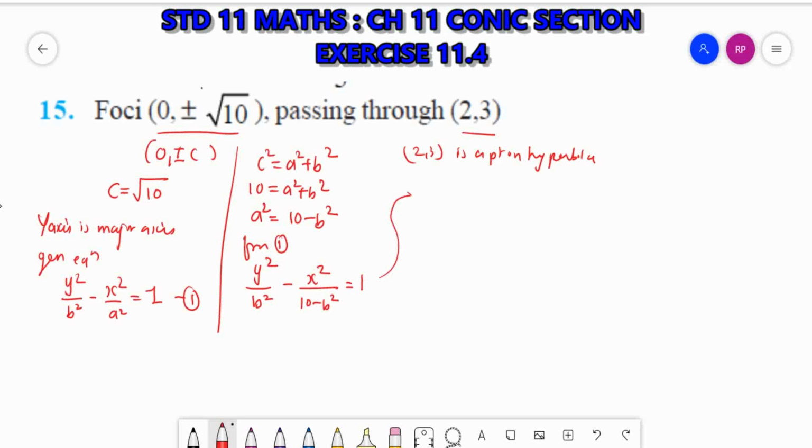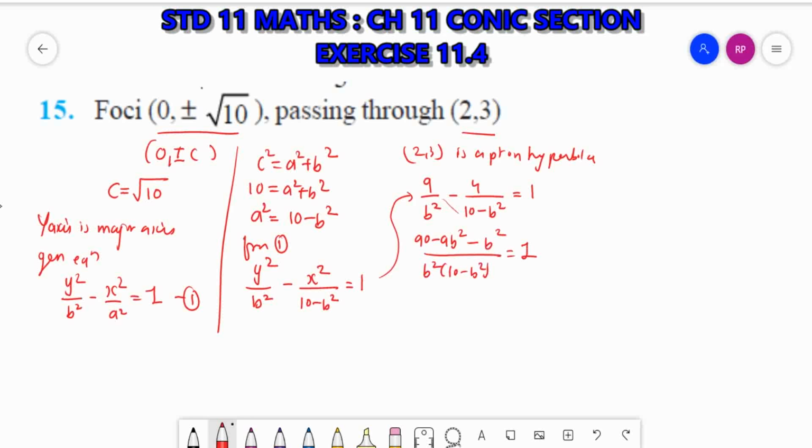2, 3 is a point on the hyperbola. Putting in this equation, 3 square, that is 9 upon b square, minus 2 square, that is 4, upon 10 minus b square equal to 1. Let's take LCM. 9 into 10, 90, minus 9b square, minus 4 into b square, 4b square. This will be equal to b square into 10 minus b square.